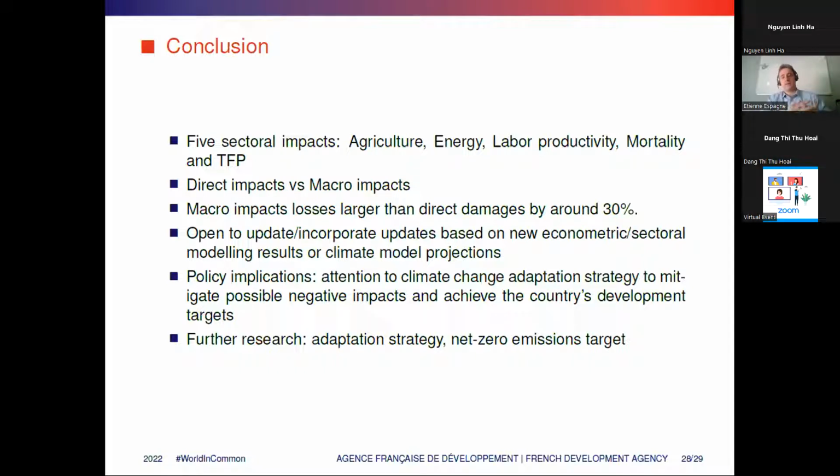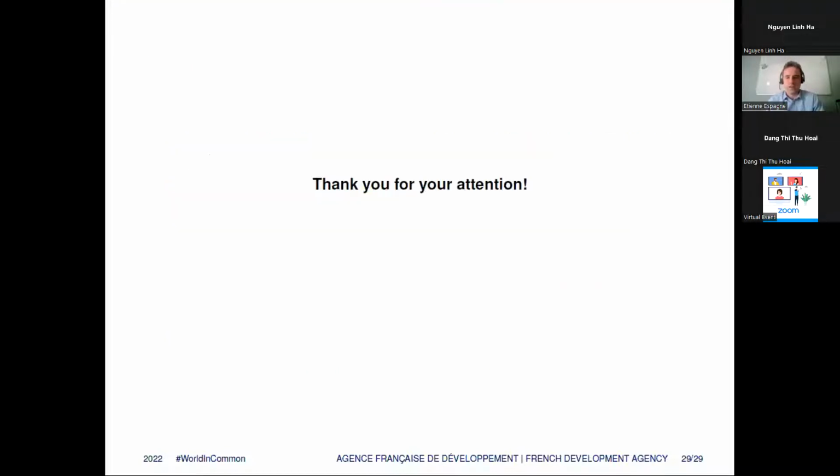And we want now to assess how climate damages and adaptation strategies will evolve in addition to this new net zero horizon. So that's basically the kind of internal discussions we have right now, and that opens quite a lot of further developments. So thank you.